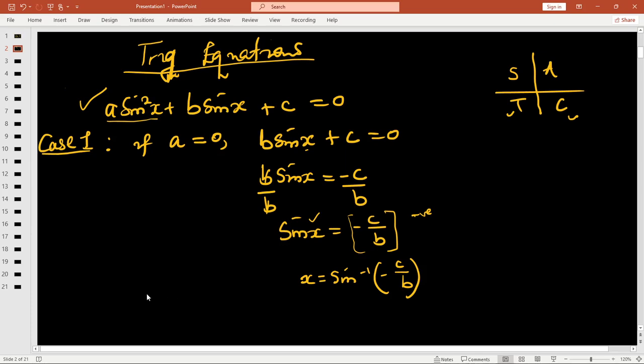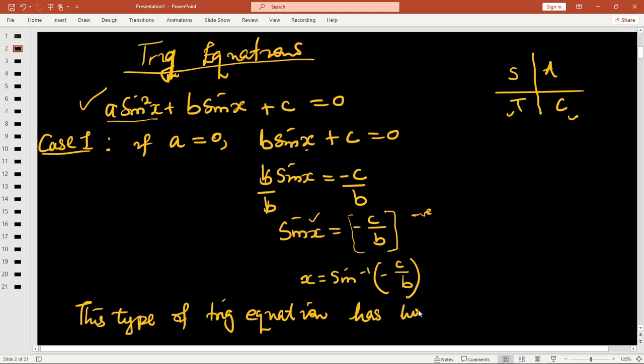So then we can conclude that this type of trig equation has two solutions.